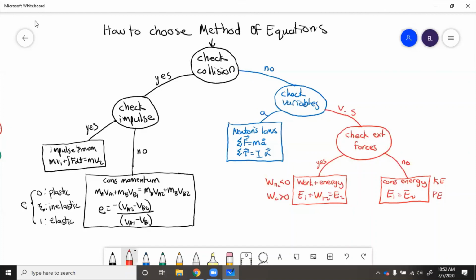And if e equals 1, for the conservation of momentum, then you can use conservation of energy if you want to, or if somehow you seem to have too many variables to solve for and you need an extra equation.